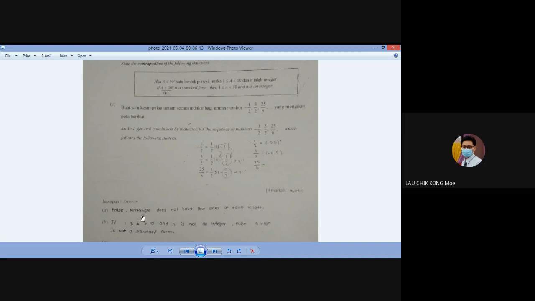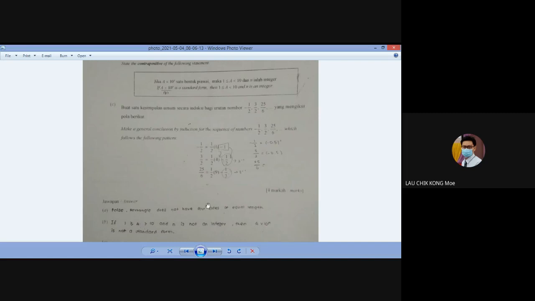The not already covers both parts in front, so this symbol cannot be changed. Still less than or equal and less than. Then a times 10 power of n is not a standard form. Yes, correct. That is the contrapositive. Okay, you are correct, just this symbol is wrong: less than or equal to and less than.